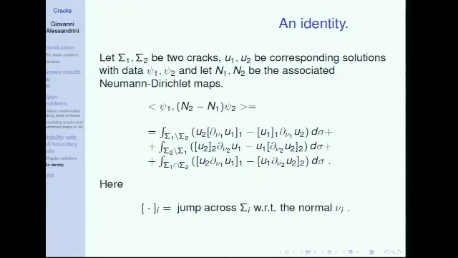The other tool that we need is an identity which may relate the difference of two maps when we have two different cracks, sigma 1 and sigma 2, in terms of what's happening inside. This is a kind of identity which occurs in many situations in inverse boundary value problems.